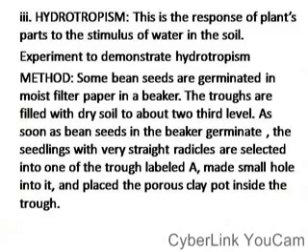Now let us move down to hydrotropism. That is, let us move down to the experiment on hydrotropism, which is the response of plant parts to the stimulus of water in the soil.